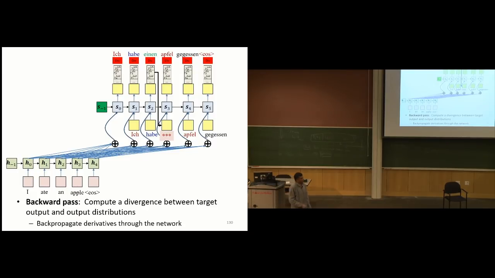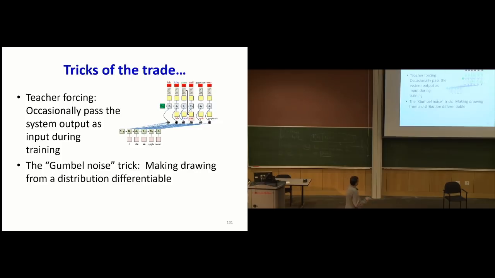When you're in the process of actual translation, you're not actually going to get a perfect input to the decoder. You're going to get something noisy. And in order to be able to deal with that, sometimes you randomly choose some locations where instead of using the actual output, you draw it from the probability distribution, and various other tricks.